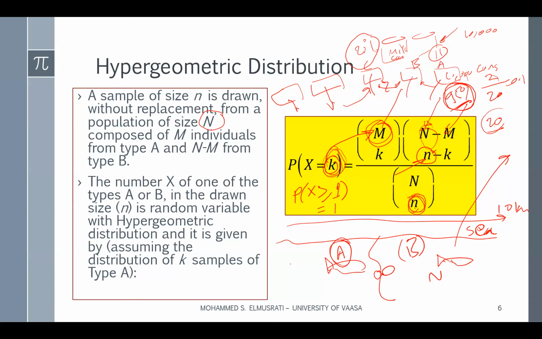And this will be 1 minus the probability that k equals 0. After solving this, we can find the result. Also in the book, I simulated the situation, and we found that the results were very similar. The result is almost identical between the analytical calculations and the simulation.